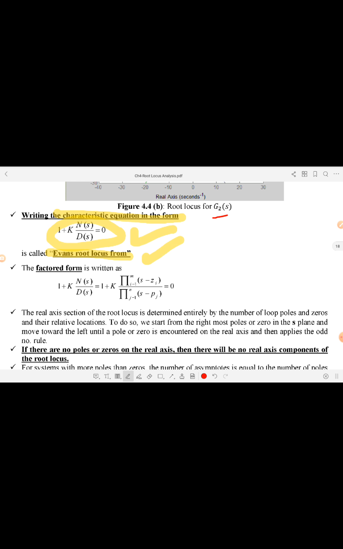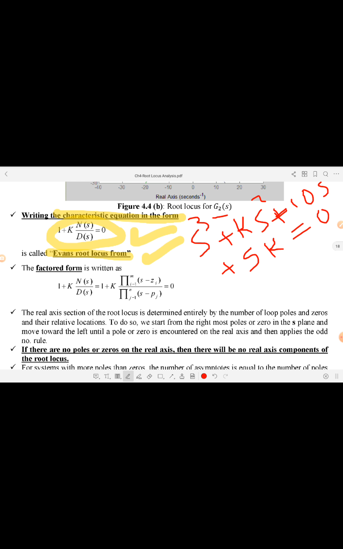And how this happens, I will cover it with a simple example. If we consider that s to the power 3 plus K s to the power 2 plus 10s plus 5K is equal to 0, this means that this is the characteristic equation in polynomial format.